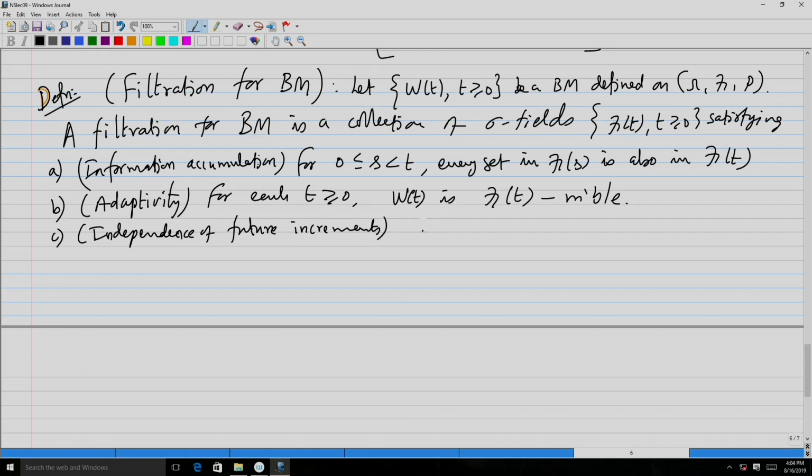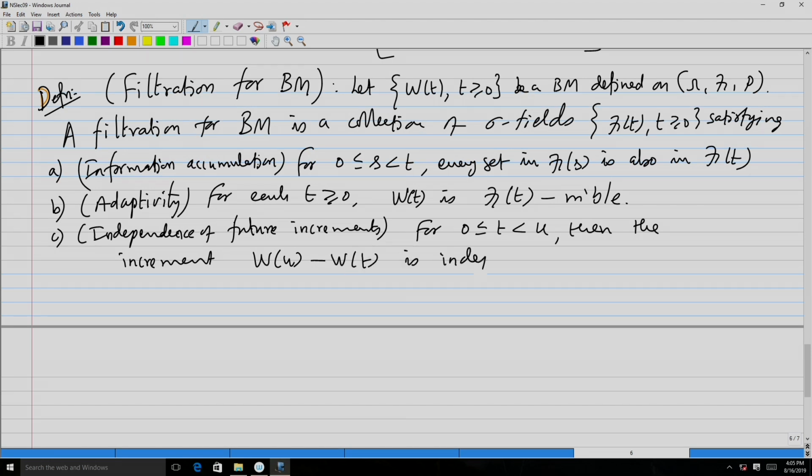That means you pick a t and a u greater than t, then the increment, which is W of u minus W of t, is independent of F of t.